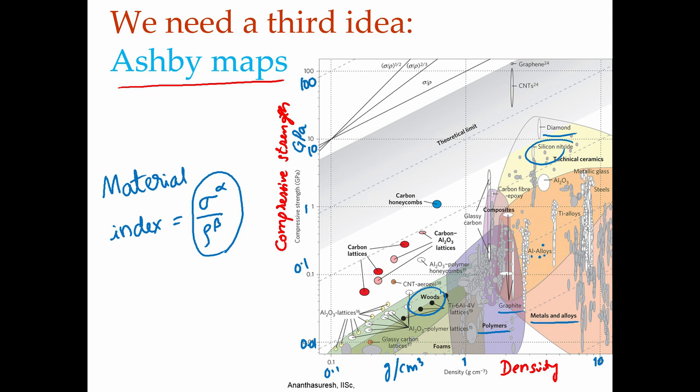Then what you do is, in this map, since it is a log plot, this alpha and beta amounts to basically a straight line. When you write this material index and take log of this, you will have alpha times log sigma minus beta times log rho, and that will be a straight line here. So, one will be in terms of the other.